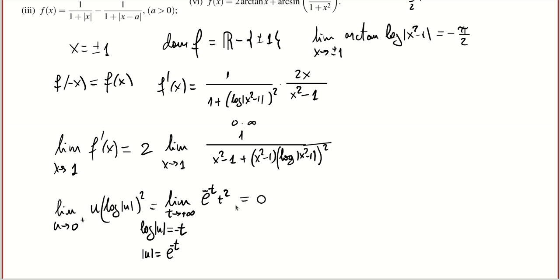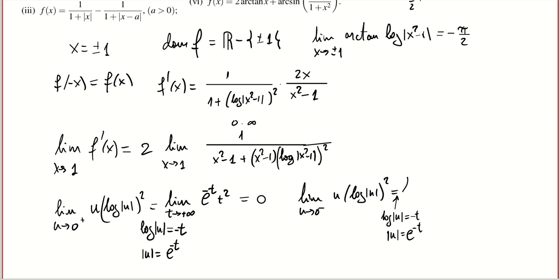And you can do the same thing when the limit goes to 0 minus of u log the absolute value of u squared, right? And it's the same story, okay? You have to take the logarithm of the absolute value of u, make it equal to minus t, so the absolute value of u is e minus t, okay?